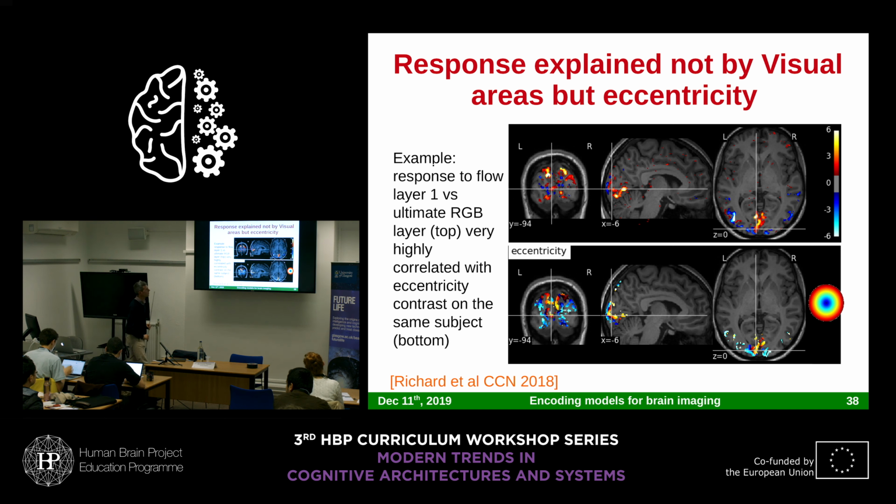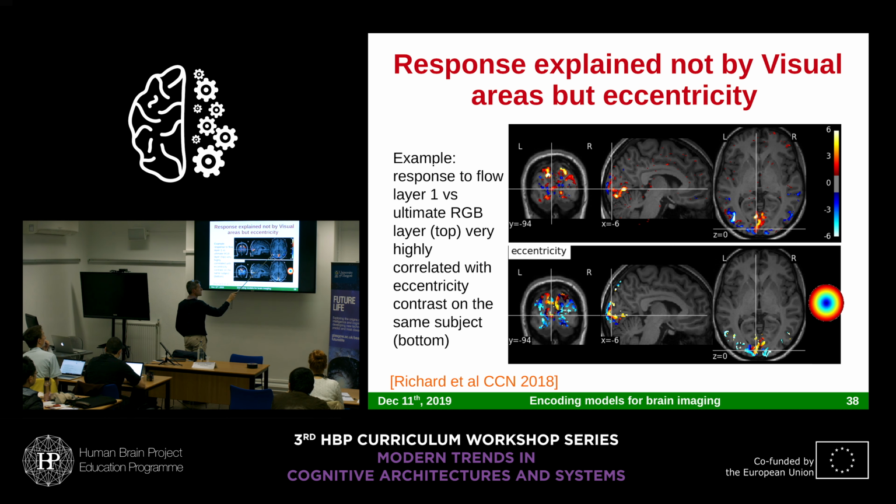For instance, this is a contrast map that shows for each voxel whether it's best explained by the RGB visual network or the optical flow network. So RGB is in a yellow-red color, and the optical flow is in blue.